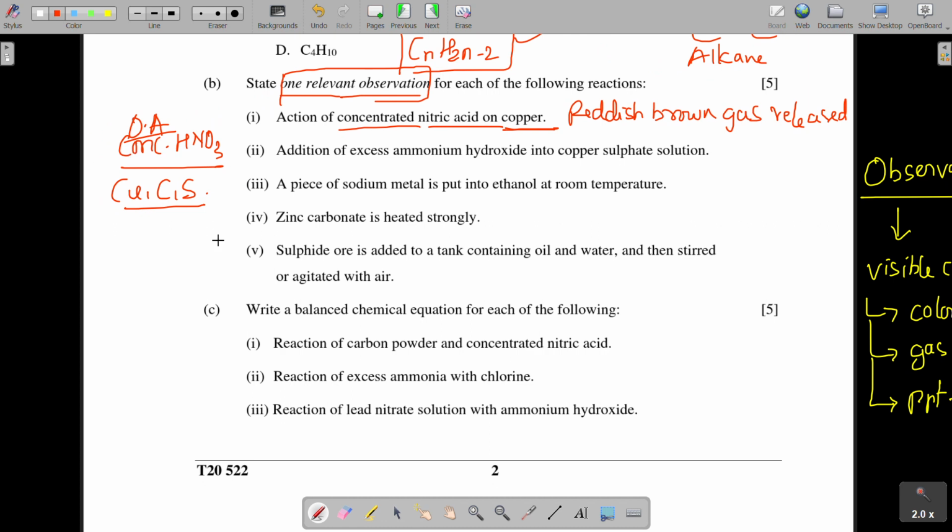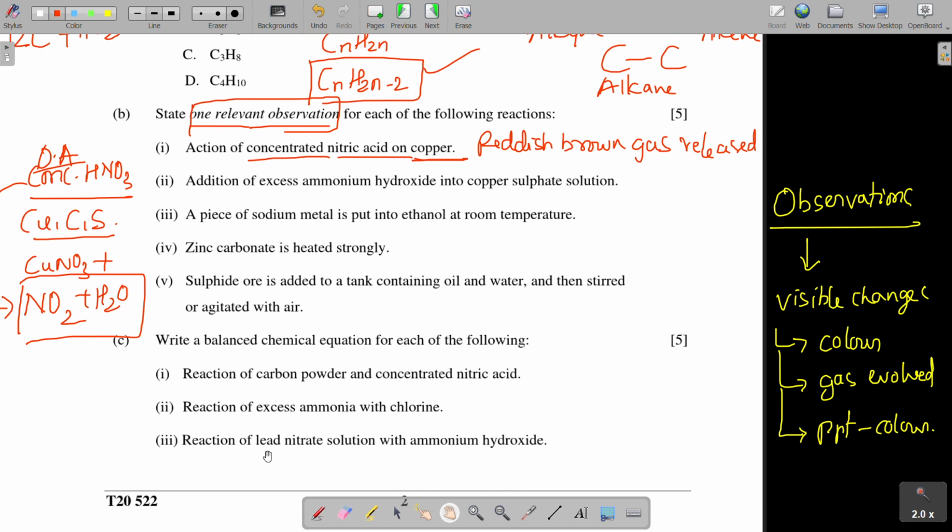And when it oxidizes the element, it itself will undergo reduction, and for concentrated nitric acid, the reduced products will be NO2 plus H2O. Remember, it is also important when they ask you to write the balanced equation. So here copper will oxidize to copper nitrate, plus you will get NO2 plus H2O. Same thing happens with carbon and sulfur. So the observation will be reddish brown gas released. So straight away, if there is concentrated nitric acid with any element, the observation is reddish brown gas released. That's what you have to write.